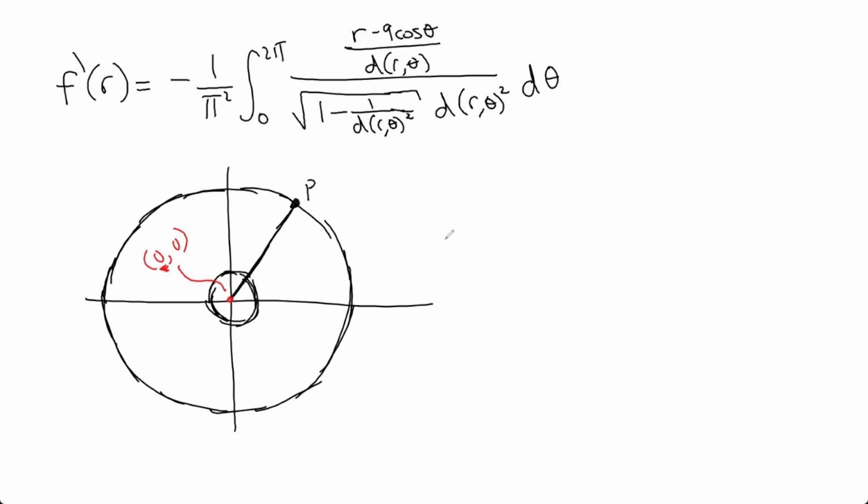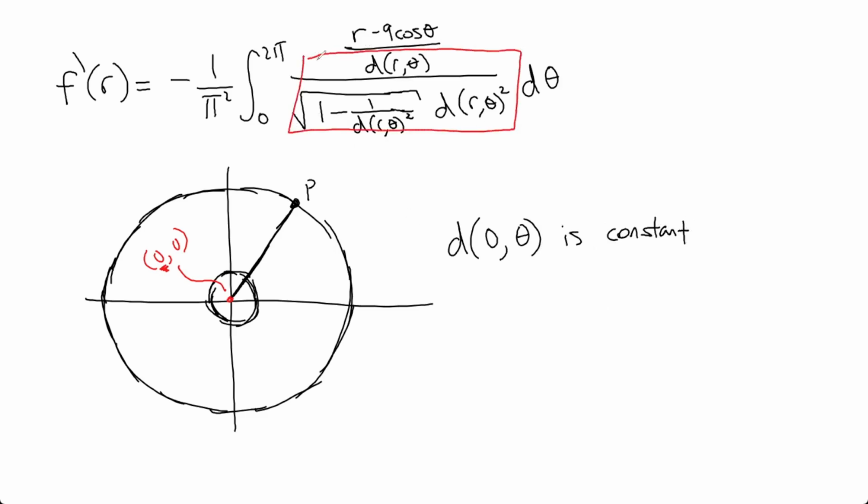Therefore, in this specific case, d of 0, theta is constant. Therefore, all of this is just one big constant, which I can factor out.